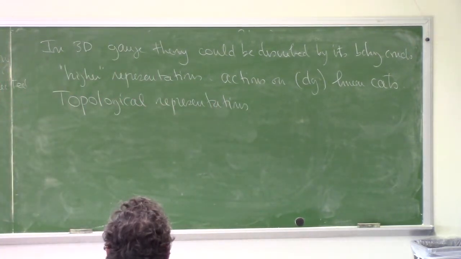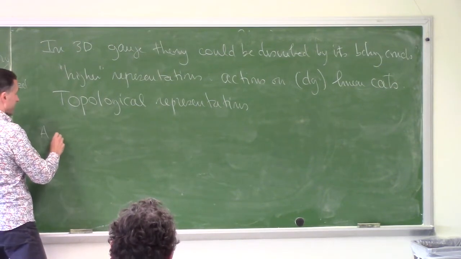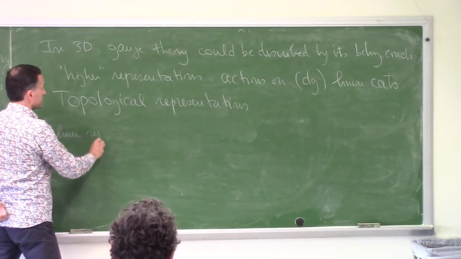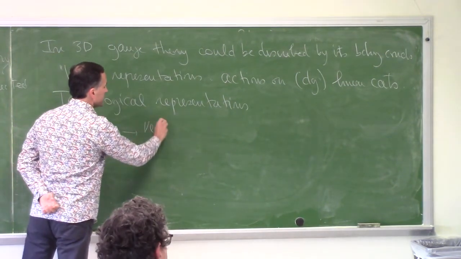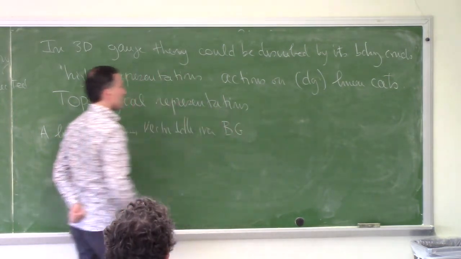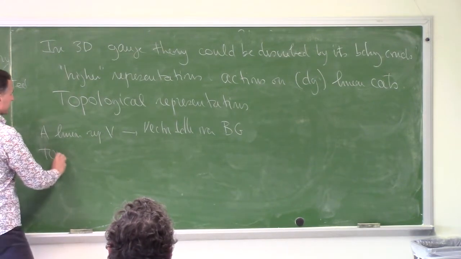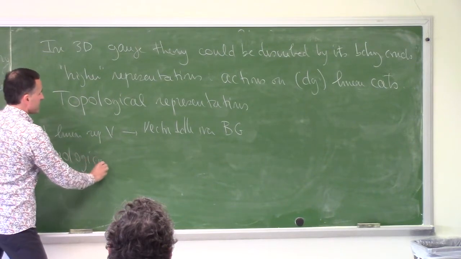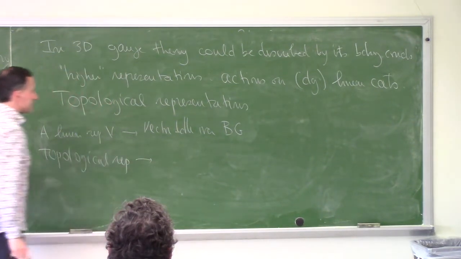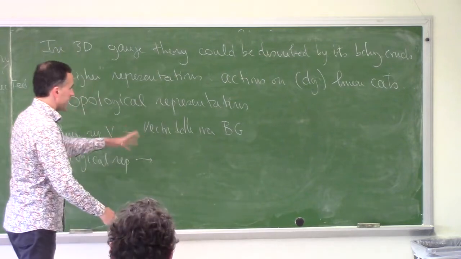So again, it's learned by analogy. So, vector space representations: a linear representation V gives a vector bundle over BG. To be precise, there are several ways.